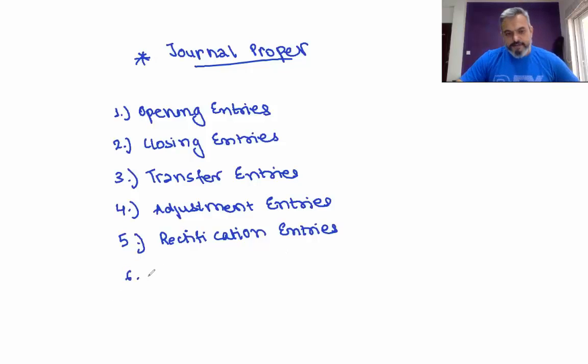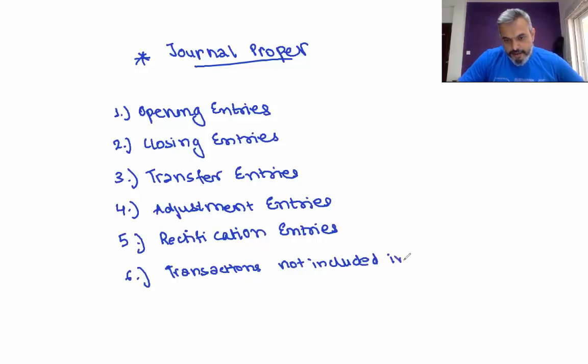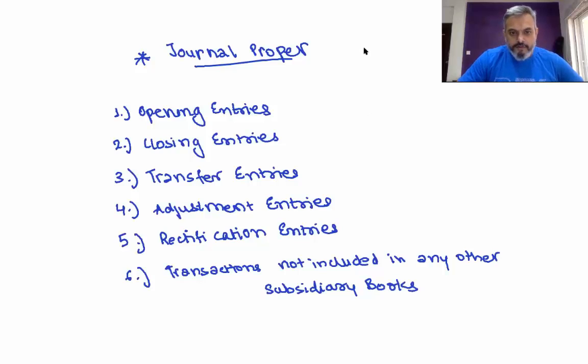And then sixth, which does not come anywhere: entries or transactions not included in any other subsidiary books.